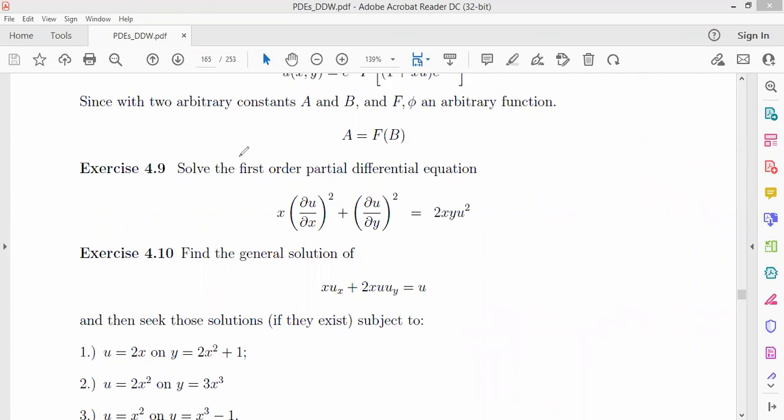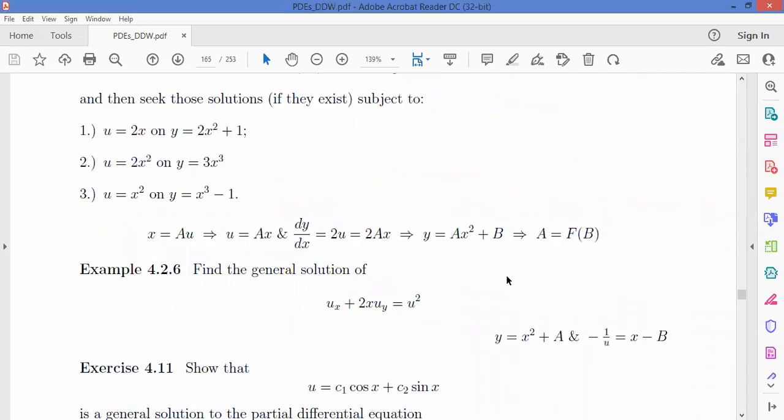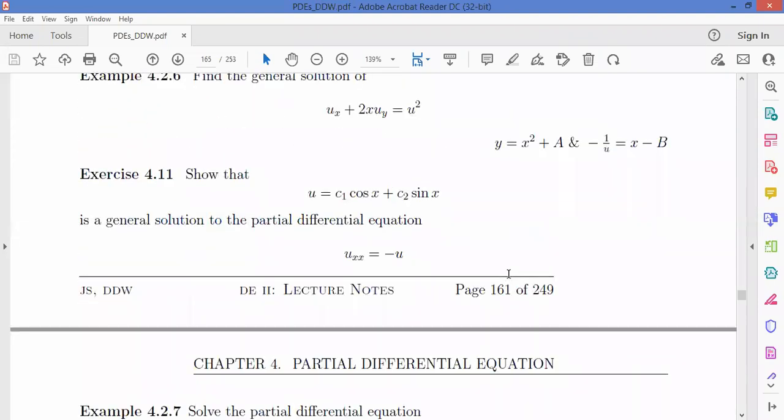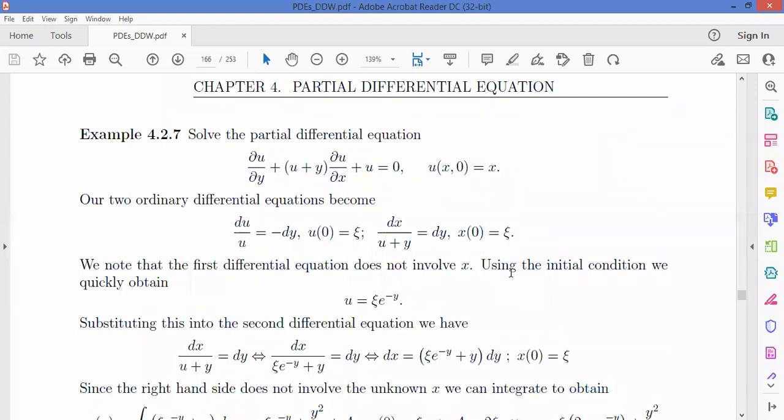So we are looking at, let's look at an example with some initial conditions. Okay, we can first of all try to generalize. So this is directly related to what we have just done.